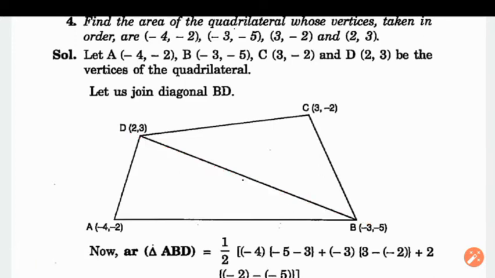Now we have 2 triangles, this one and this one. You know how to find the area of a triangle. Find the area of the triangles separately and add both the areas, and you will get the area of the quadrilateral.